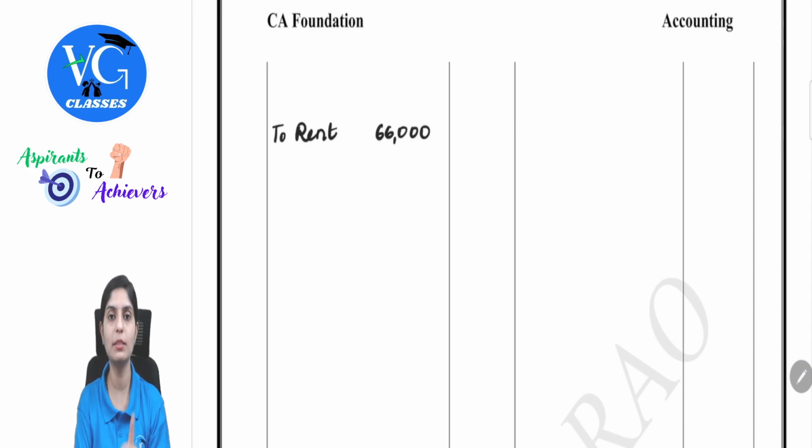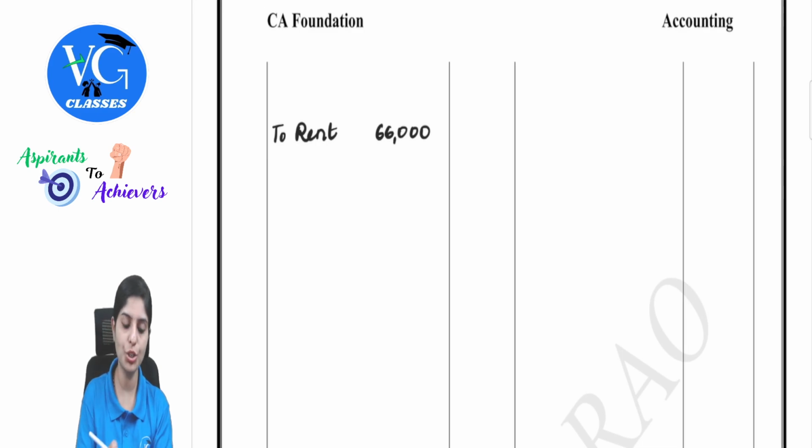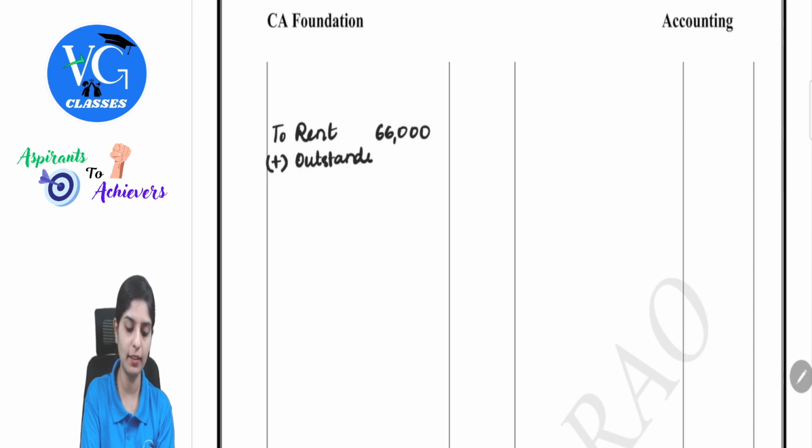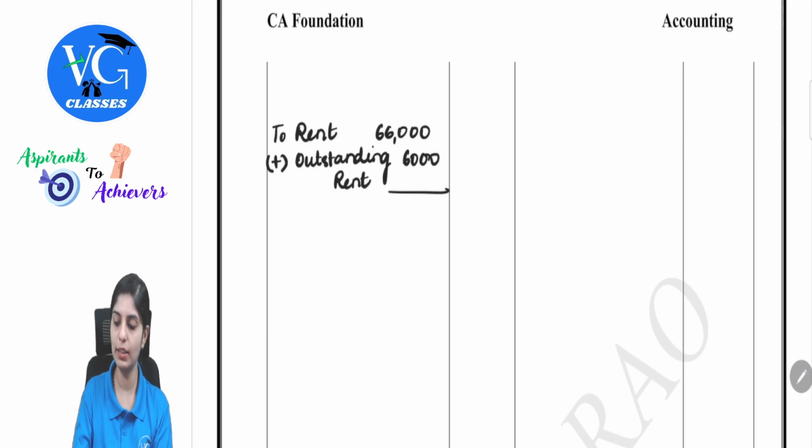Is this belonging to the current year? Is it a current year expense? Yes. So what should I do? I will have to add to the existing balance. So I will call this outstanding rent, 6,000. So the current year total rent which needs to be debited to P&L should be 72,000.